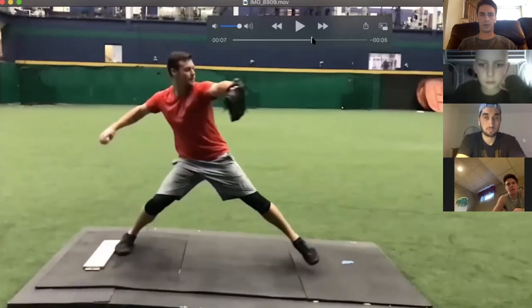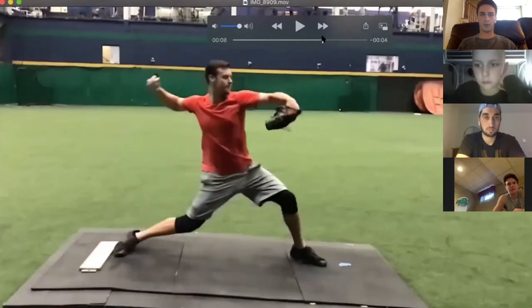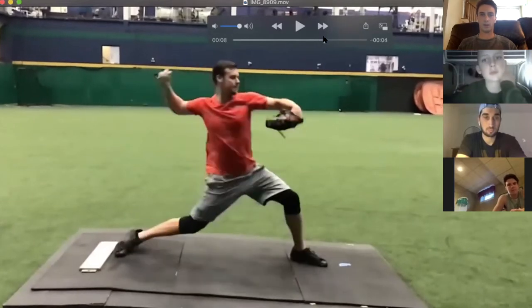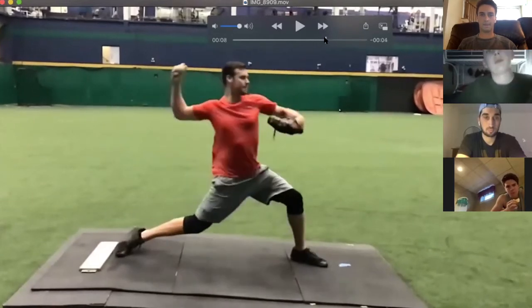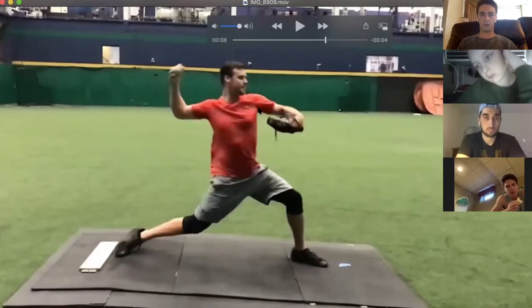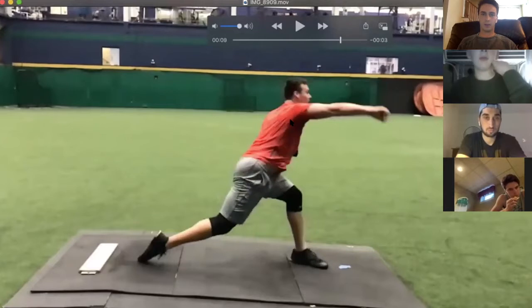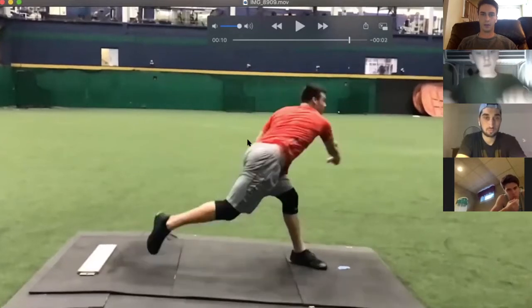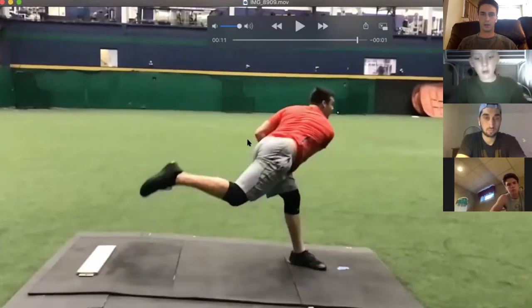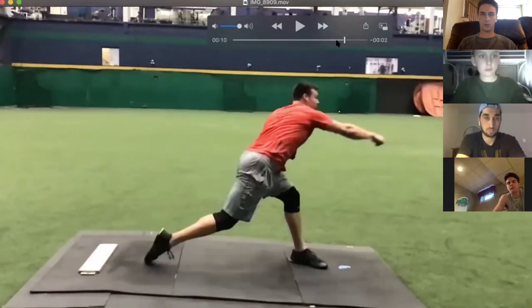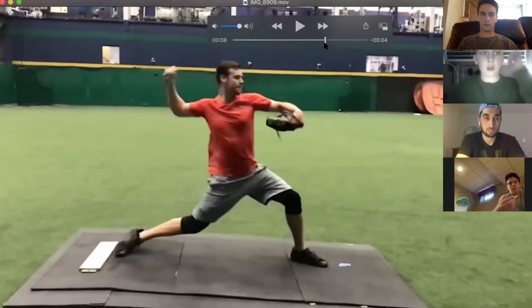A lot of different ways to accomplish rotating with the glove side, but this is just one way that he does. So as he lands, you see this, he'll rotate through here. That arm will lay back. Glove side continues to rotate as he delivers the ball. Okay.